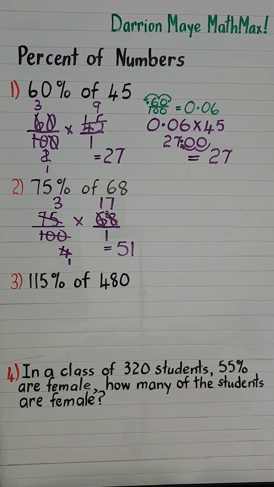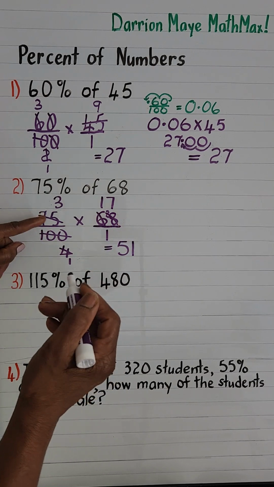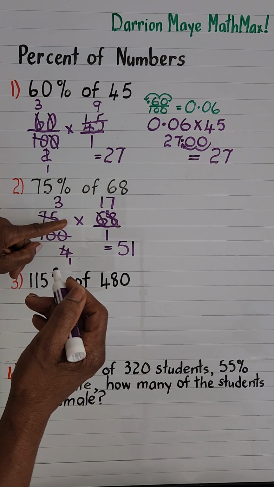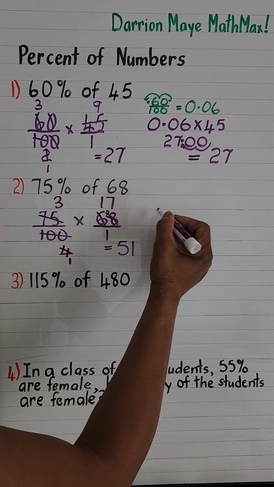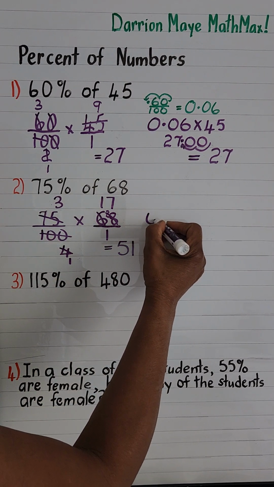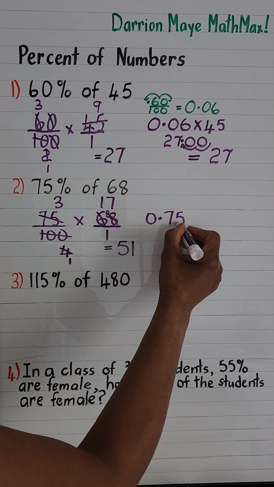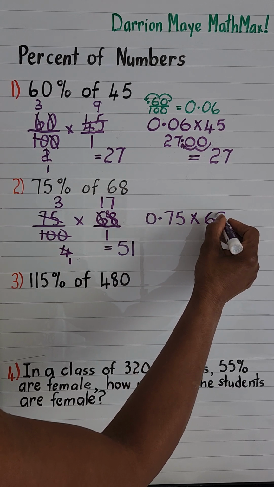Now, as a decimal, we already know 75 over 100. Divide by 100, move the point 2 places to the left. So that will give us 0.75 times 68.